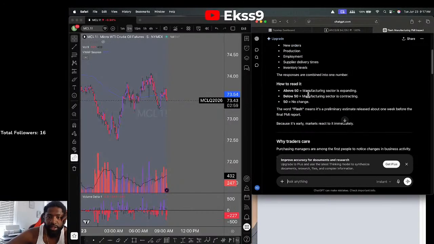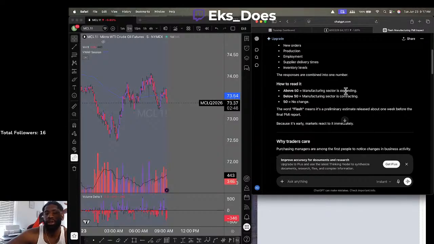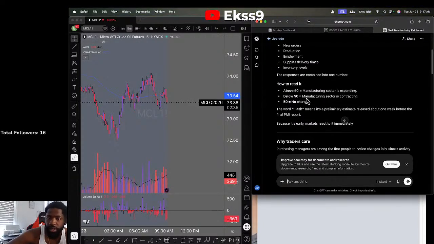How to read it. If the PMI is above 50, then it says manufacturing sector is expanding. So that means business and commerce within the U.S. is doing better. And if it's below 50, it says manufacturing sector is contracting.